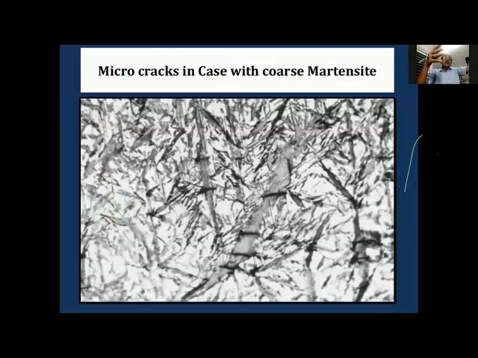But beyond that, it is not acceptable because it gives you an untransformed structure which can transform in the field and cause cracking, because that will generate freshly formed martensite because of the mechanical working, and it will crack at a later stage.